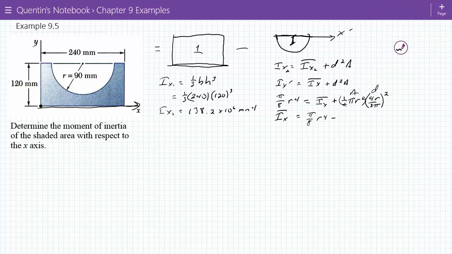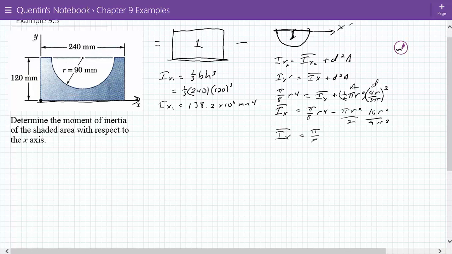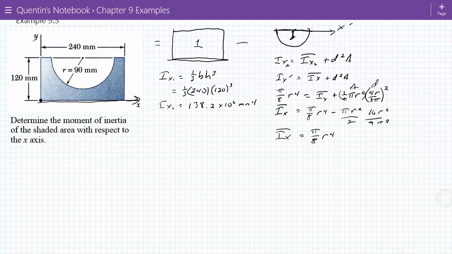Thank you. So we have pi r squared over 2 times, in this case, 16r squared over 9 pi squared. So it turns out that Ix bar is equal to pi over 8 r to the 4th minus, and when you do the math here, this cancels, 16 over 18 is 8 over 9 pi r to the 4th.